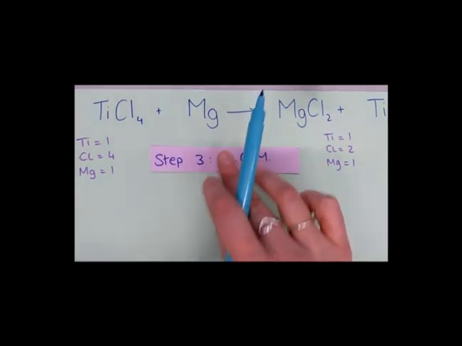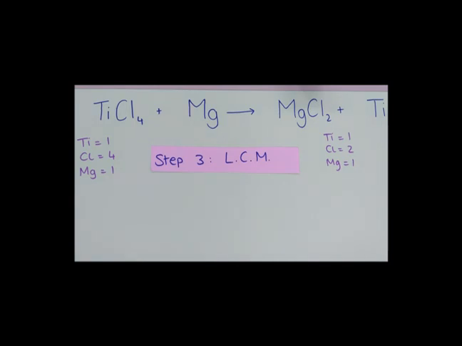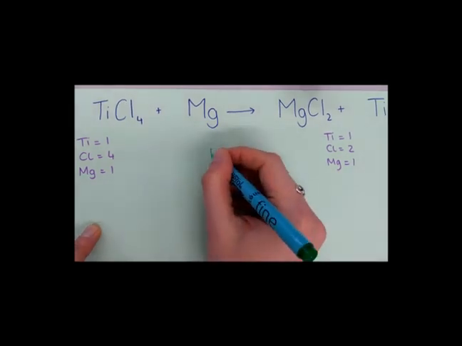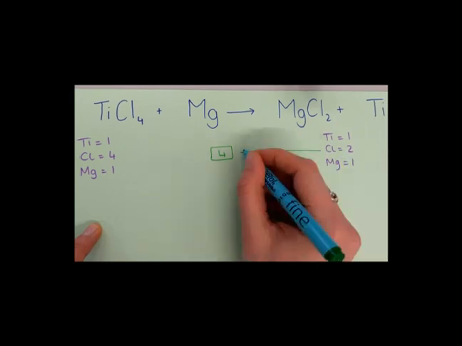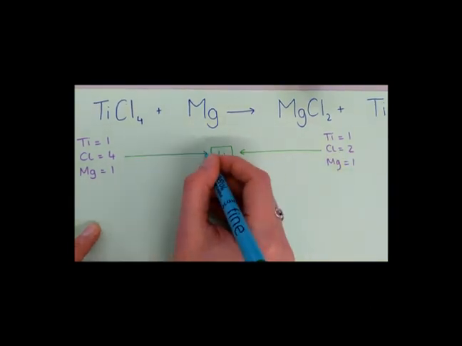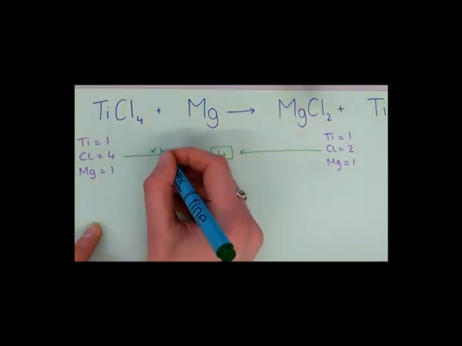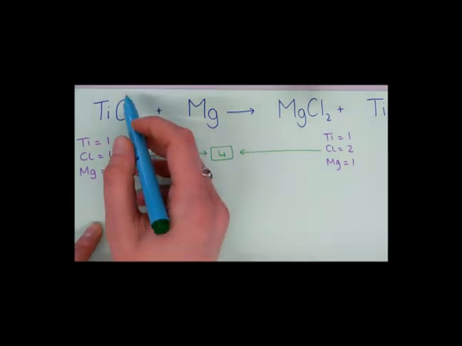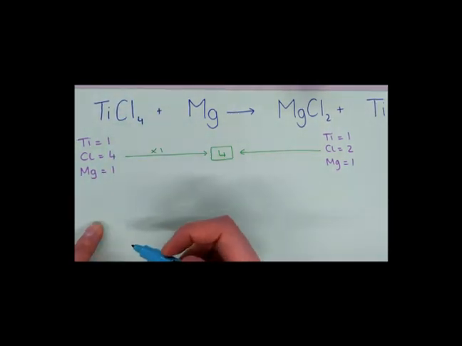Third step, what's the lowest common multiple? What is the smallest number that 2 and 4 go into? Well, it's 4. So, on this side, I don't need to do anything. I've already got 4 atoms, which is what I'm aiming for, on the left-hand side.